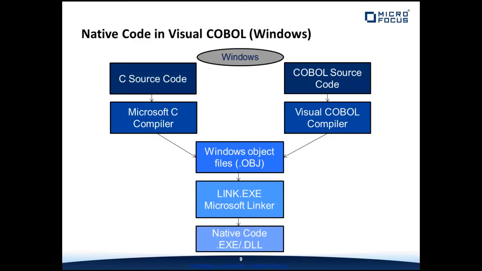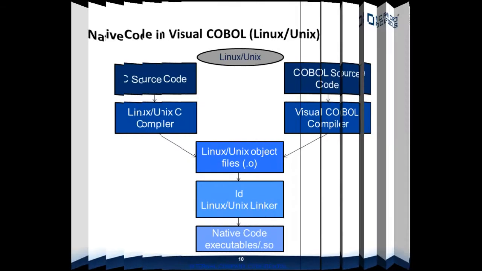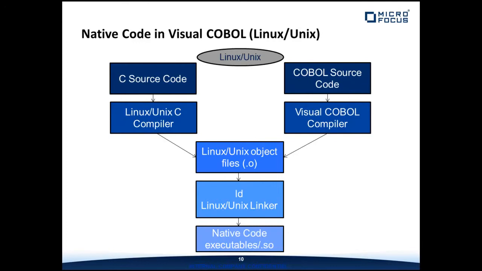This diagram shows how .obj files from multiple sources can be compiled and linked into a single exe or DLL under Windows. Likewise, under Linux and Unix, .o files from multiple languages can be linked together into a single executable file. Both Visual Studio and Eclipse IDE have support for native code projects.